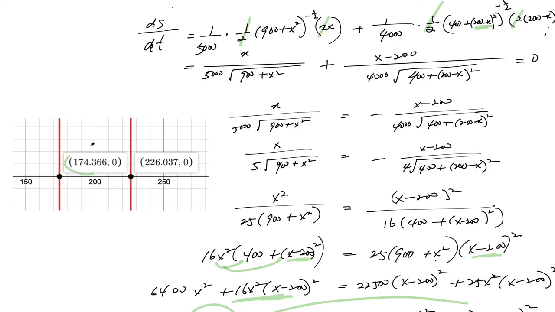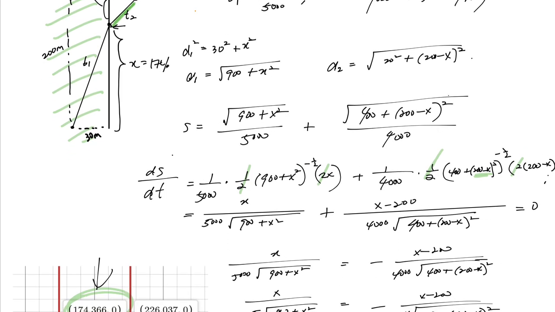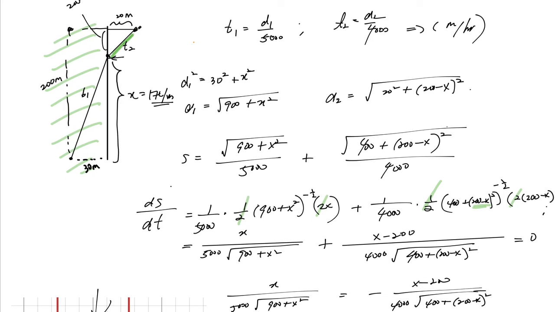So this has got to be our x. So she should walk diagonally across to a point where this distance is approximately 174 meters, and then go diagonally across to where her golf ball is for the fastest time in arrival to get her ball.